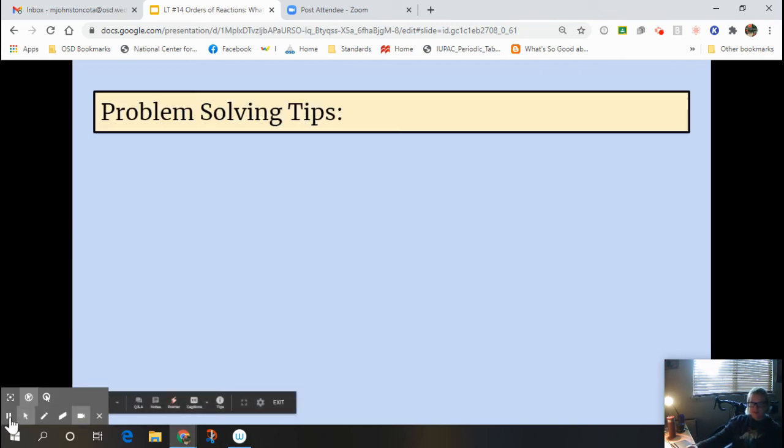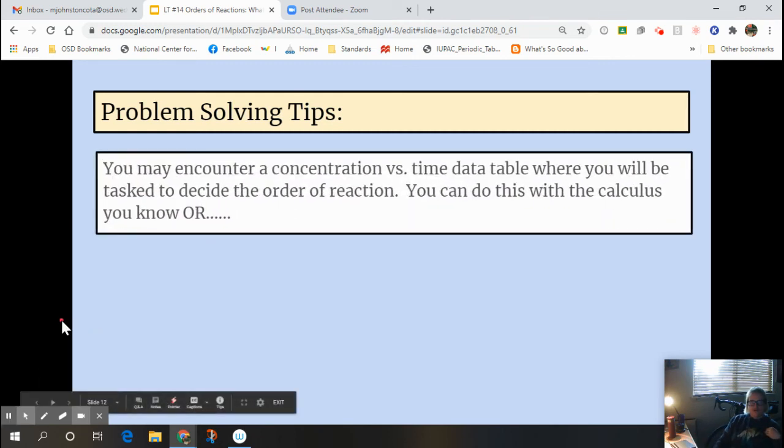All right, last bit, problem-solving tips. When I give you questions that go along with Learning Target 14, I'm going to give you data tables. Data tables that are going to be time and concentration. You will encounter those concentration versus time data tables, and you're going to be tasked to decide the order of reaction.